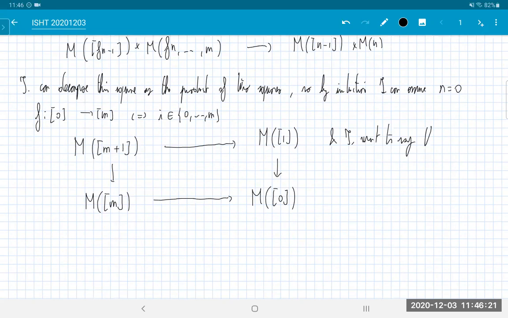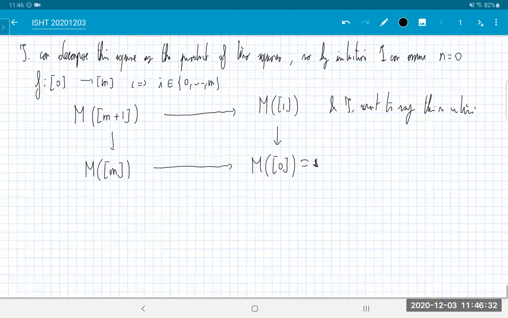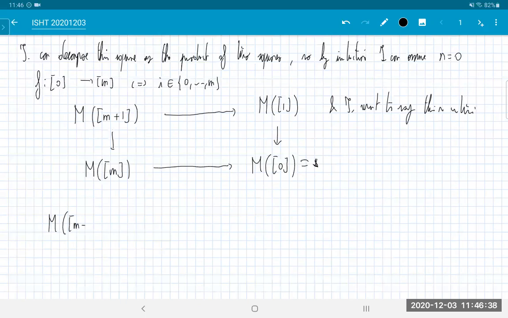Sorry, I'm over time. But that's a point. So in the end, to say that this is Cartesian, this boils down to, say, am I doing this right?